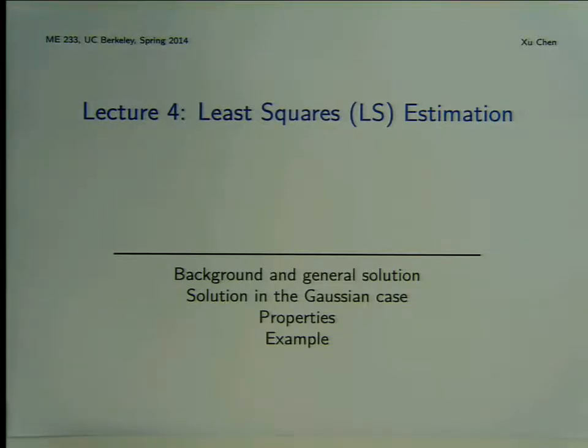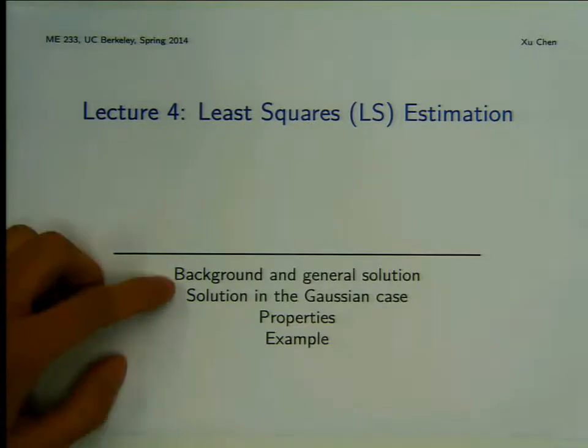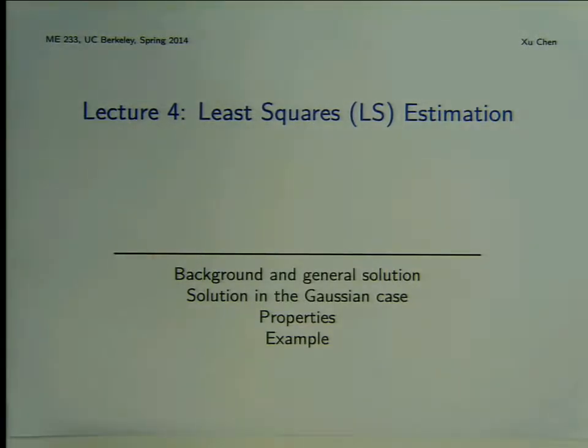Least squares estimation. I would like to talk first about some of the background and general solution. First of all, I'll define the problem. What does it mean to solve a least squares problem?